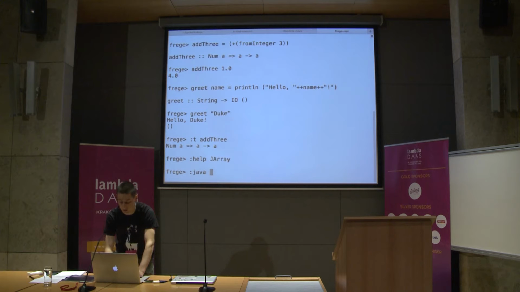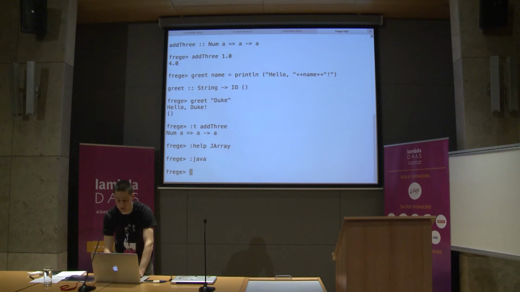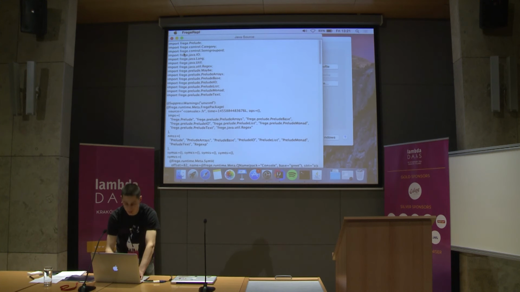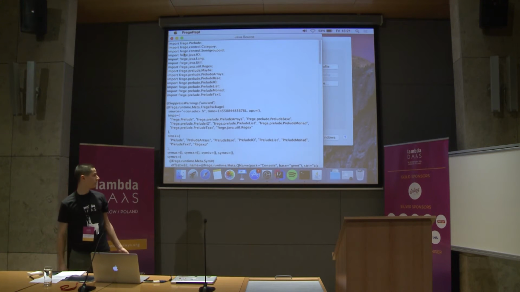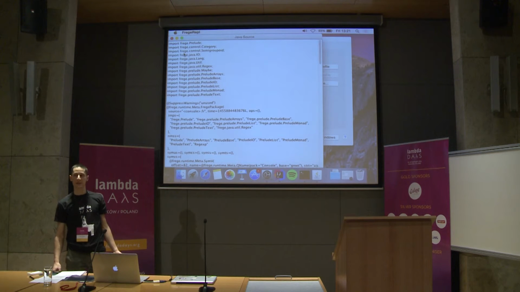We can see source code generated. That's the Frege source. That's Java source code that is generated by the Frege compiler. So Frege compiles to Java source code and then runs javac with this code.